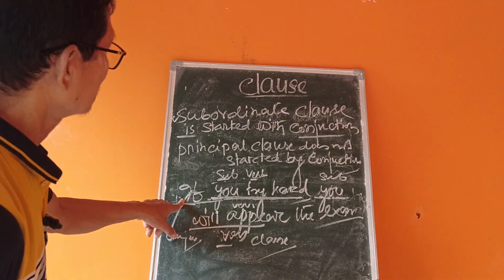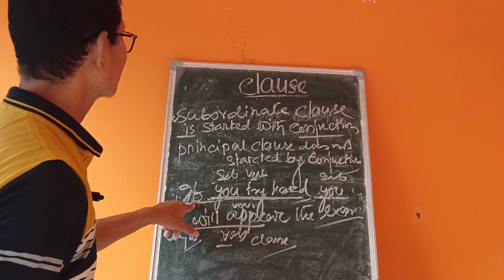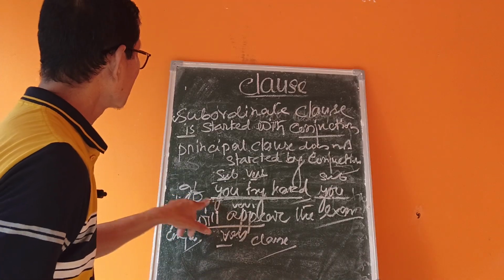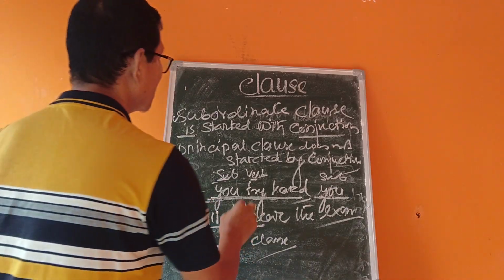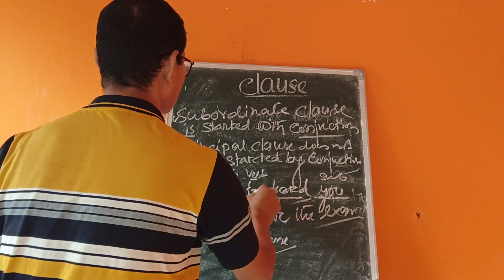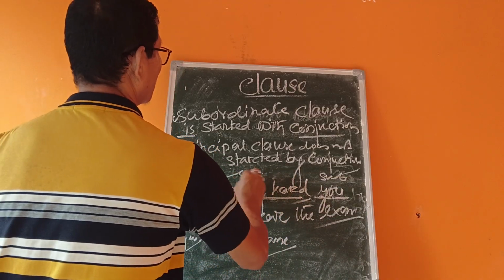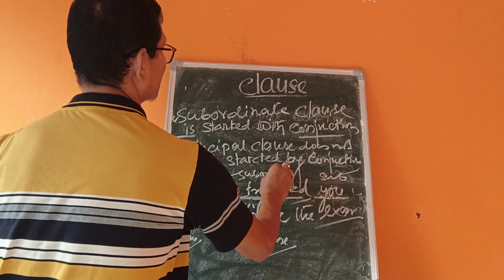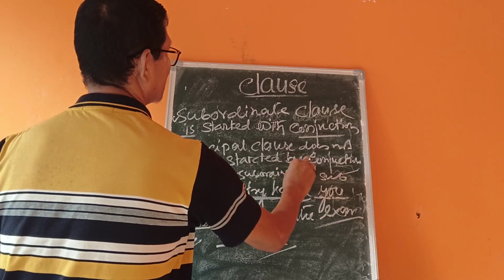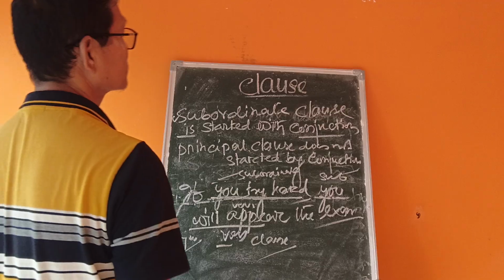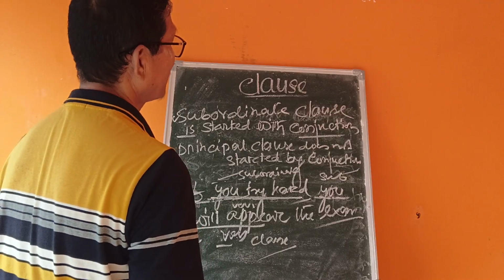If the clause is started by a conjunction, it is called a subordinate clause.